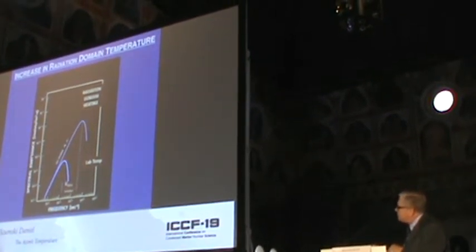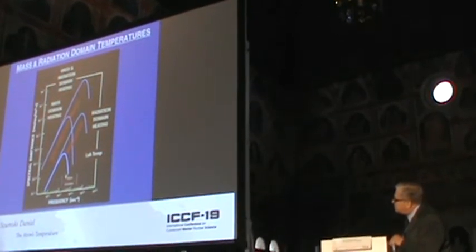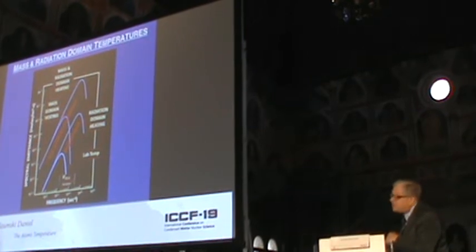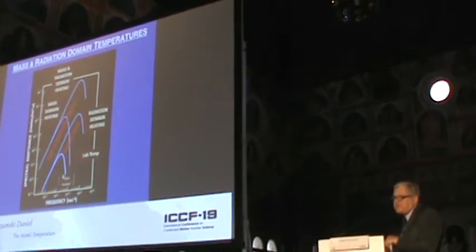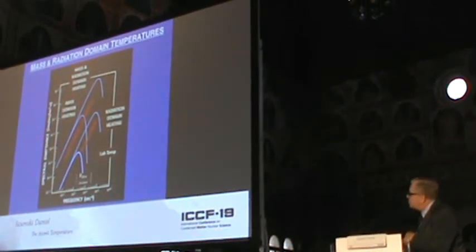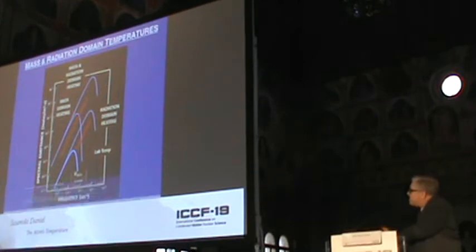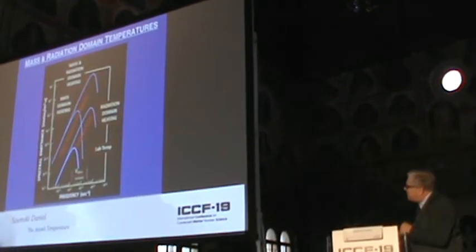So let me just very quickly review here the radiation heating, the mass domain heating, and then the two of them together giving us Planck's equilibrium distribution after these have equilibrated to a new equilibrium condition. Let's just go back to that for a moment.